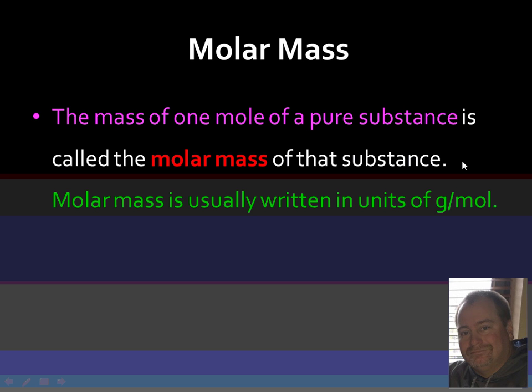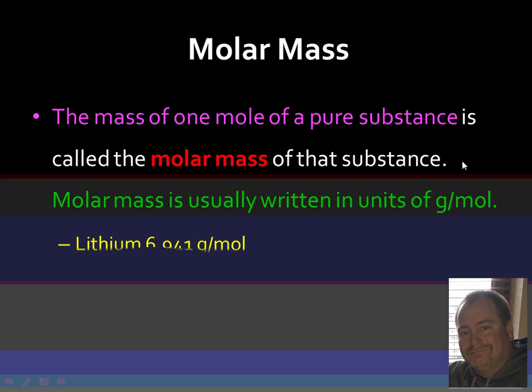Now let's say, on my periodic table, take out your periodic tables, we're going to be using those again today. Probably going to want your calculator out also. If I have an individual element, the molar mass is simply the atomic weight of that element.